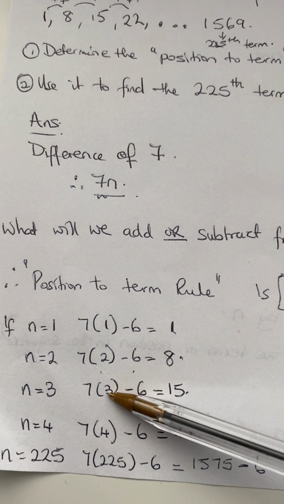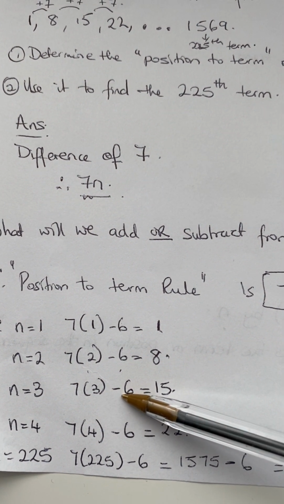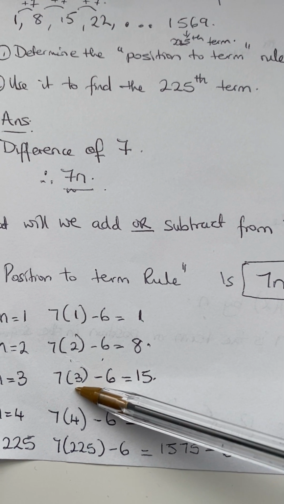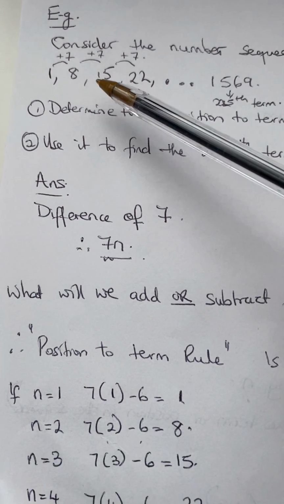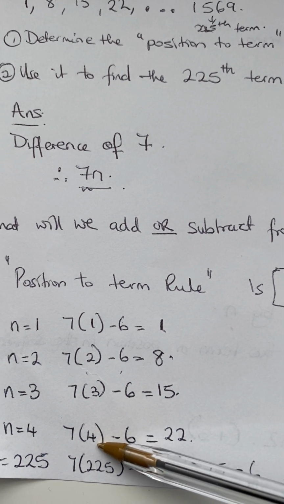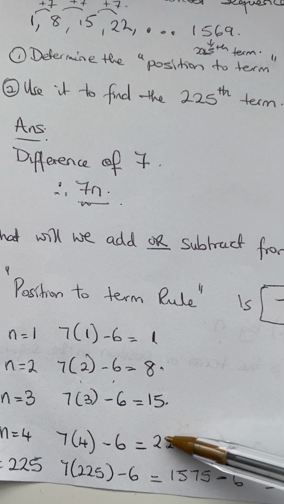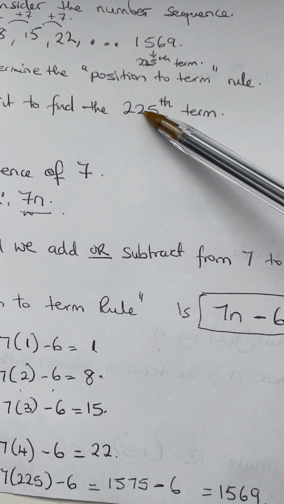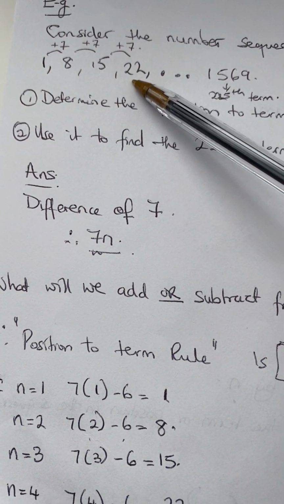When n is 3, 7 times 3 is 21, minus 6 is 15. That will be my third term. When n is 4, 7 times 4 is 28, minus 6 is 22. So the rule applies to these first four numbers.